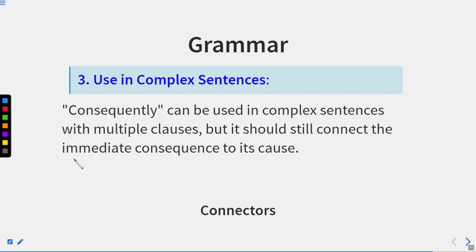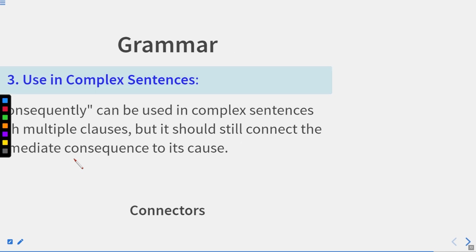to its cause. Now, this is the most important thing, that the effect should immediately join the cause part, and in between we should have a connector. It does not happen like first we have the cause, and after that we have several more sentences, and after that we have the effect, and there we are using the connector that will disbalance the sentence, or that will not make the sentence proper.